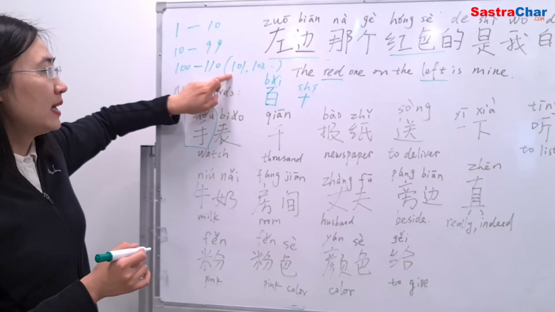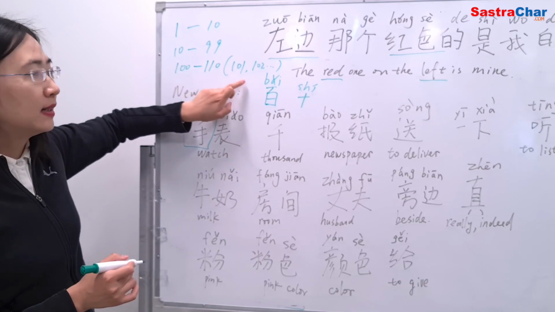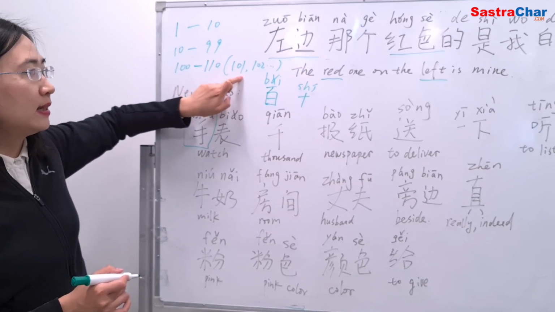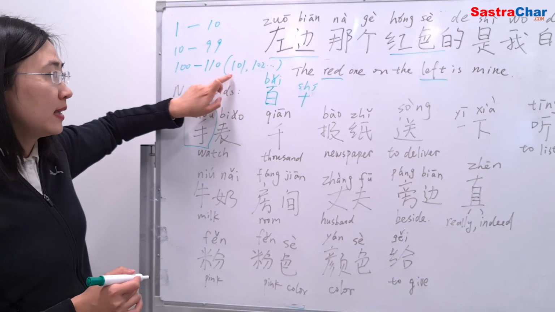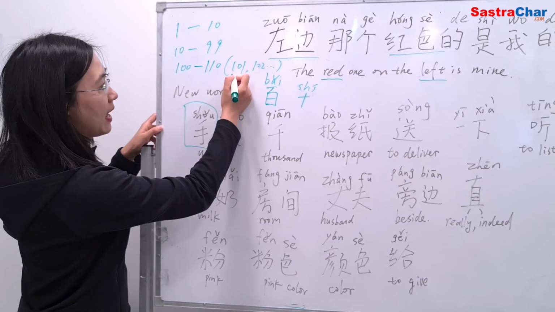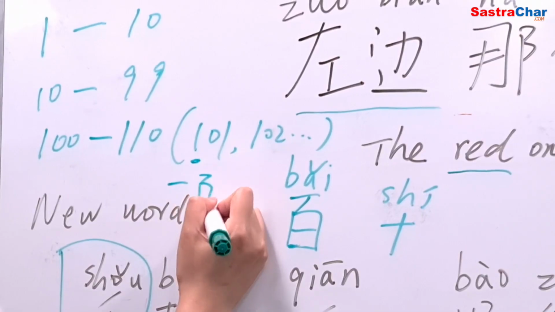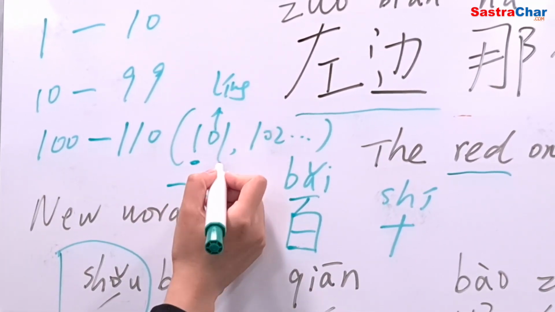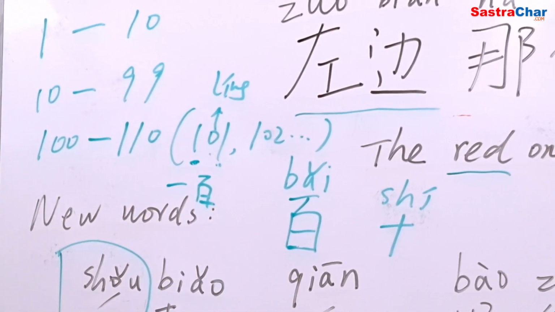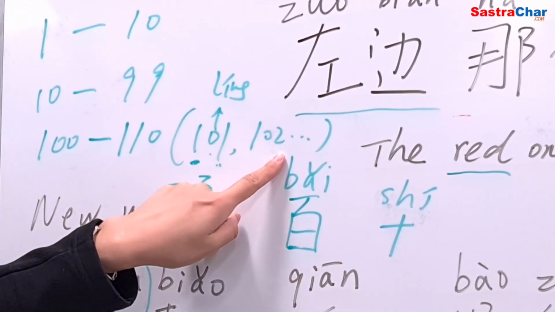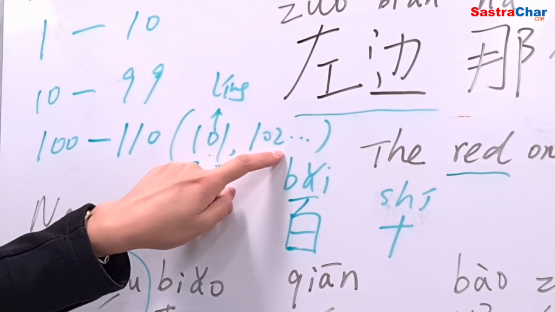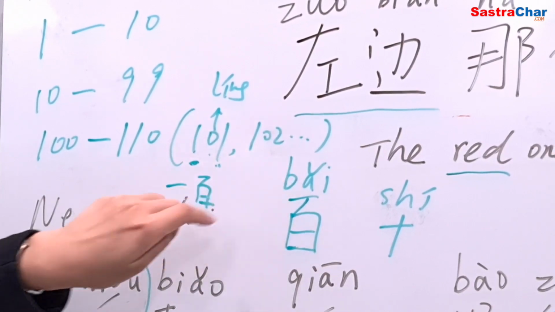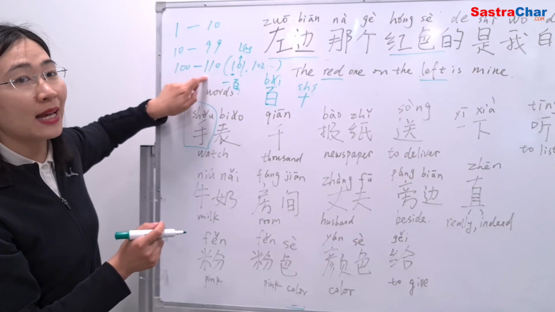So 101: this is 100, and this 0 is 零, and this is 1. So 101. And then 102, until 110.